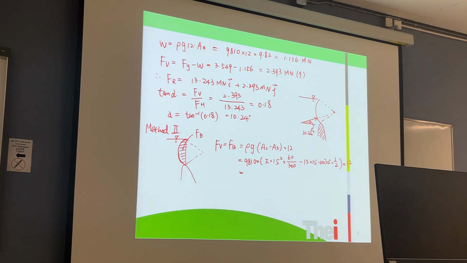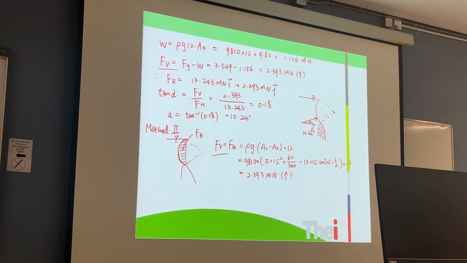The result of this calculation is also 2.393 meganewton. So the buoyant force must be pointing upward.